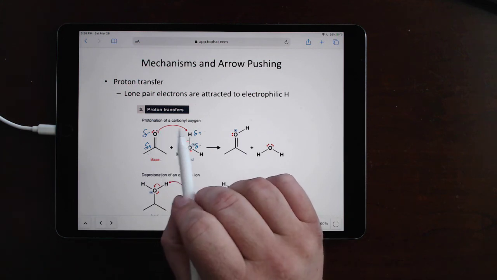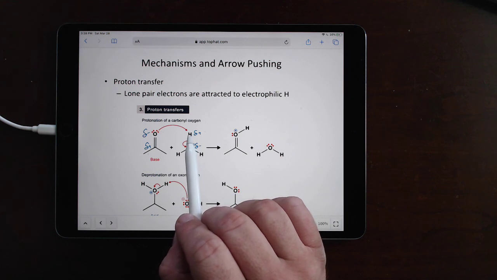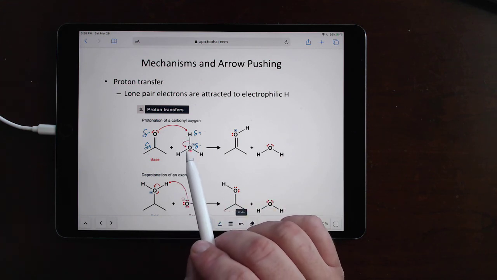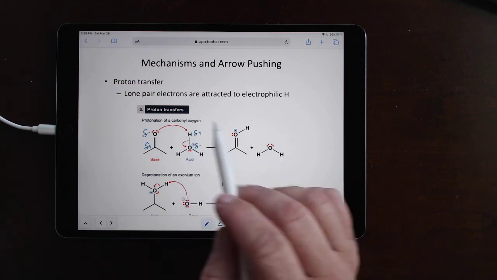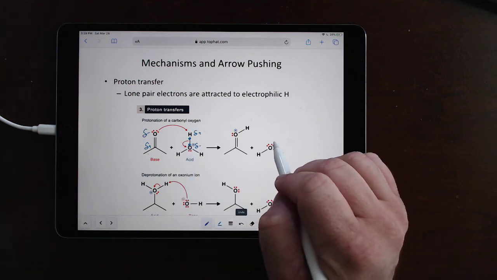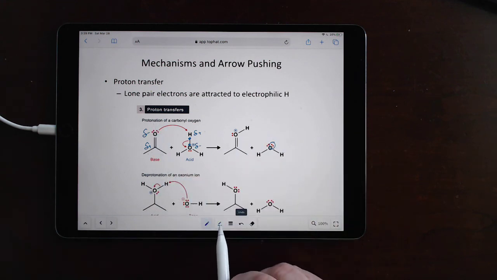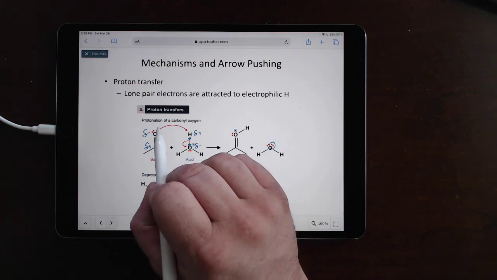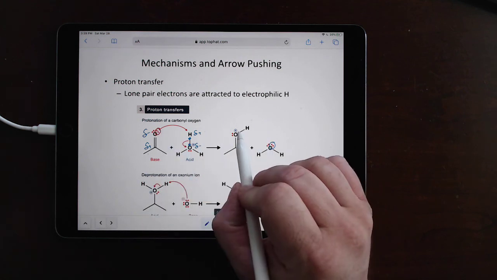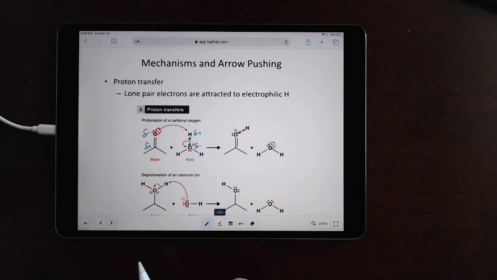So if this hydrogen takes this hydrogen here, hydrogen only needs 1 bond, and so these 2 electrons can come down and form this second set of lone pairs. And this lone pair here becomes this new bond with the hydrogen.